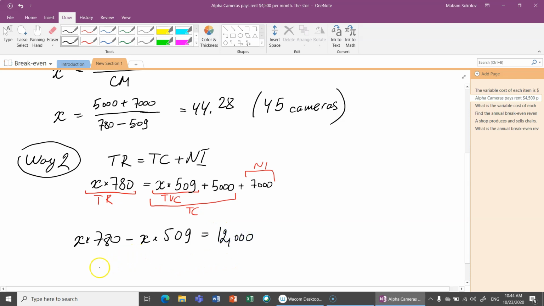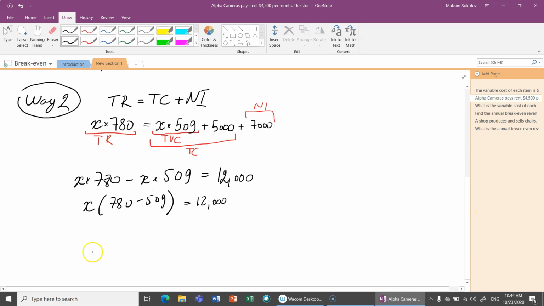That stays there. You factor out X, 780 minus 509 equals 12,000. And X, therefore, is going to be 12,000 divided by 780 minus 509.